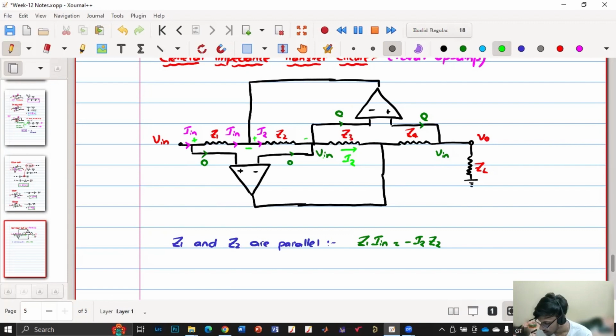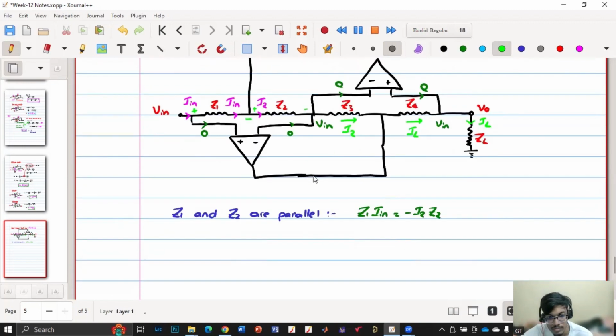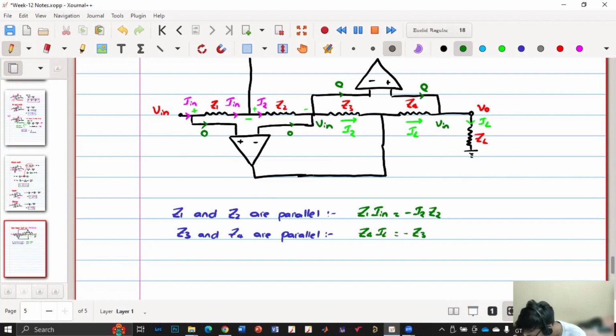Yes. Now, if this current is 0 and the load current is IL, then this current will be IL. Right. So now, also Z3 and Z4 are in parallel because one terminal is virtually shorted and the other terminals are connected. So Z3 and Z4 are parallel. So now I will get Z4 into IL is equal to minus Z3 into I2.